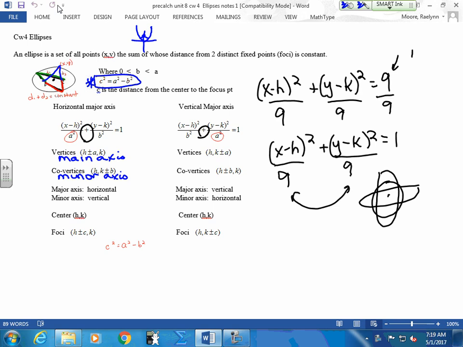The difference between the horizontal axis and the vertical axis is just the way that your ellipse is shaped. So if your ellipse is shaped longer lengthwise like this, it has a horizontal axis. That's a major axis, whichever one is longer.